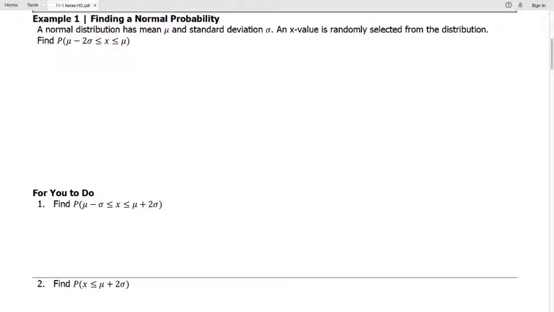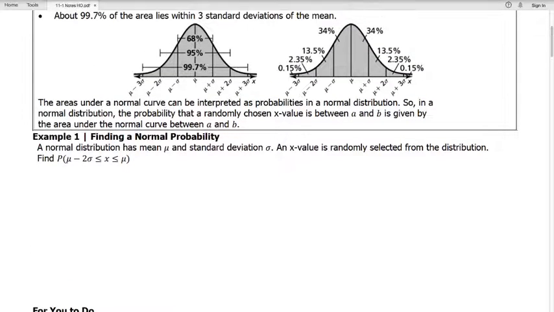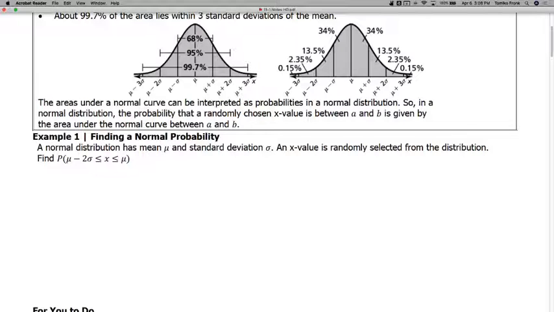I'm actually going to scroll this page up really quickly. This is what we're looking at. We're picking some random x value, and we're looking at the probability that that x value lies between mu minus 2 sigma and mu.